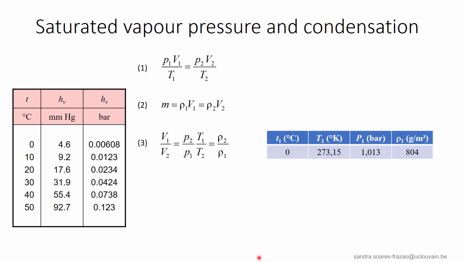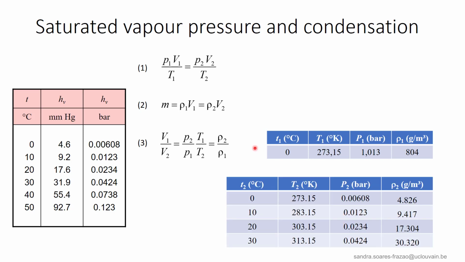If we now consider that state 1 from this equation corresponds to the temperature of 0 degree in the Celsius scale, that is 273.15 in the Kelvin scale, and knowing that at atmospheric pressure the specific mass of water vapor is 804 grams per cubic meter, we can determine the specific mass of water vapor at saturated pressure at different temperatures.